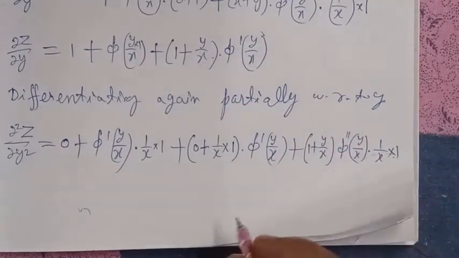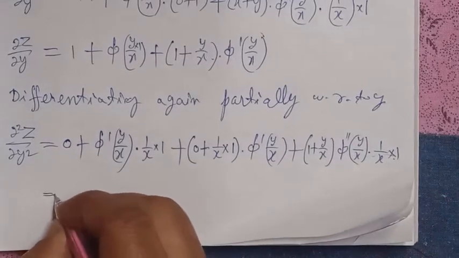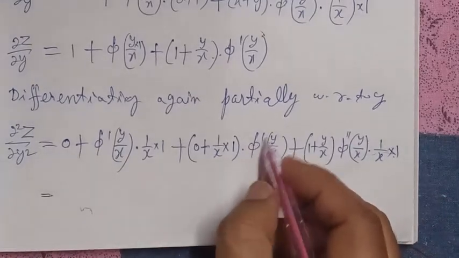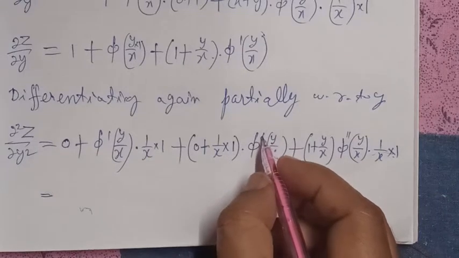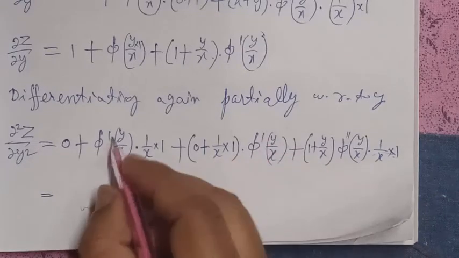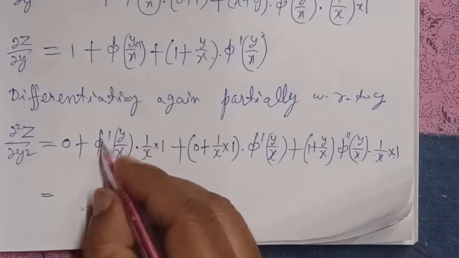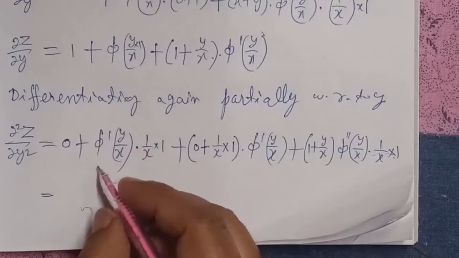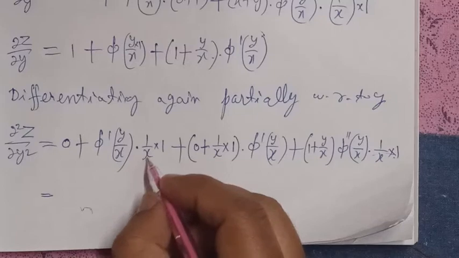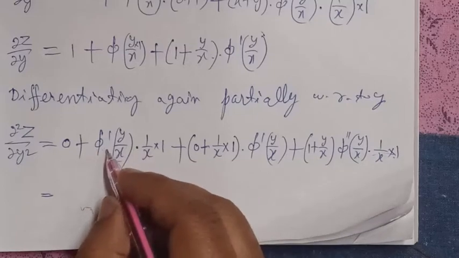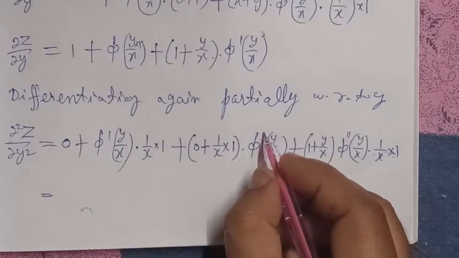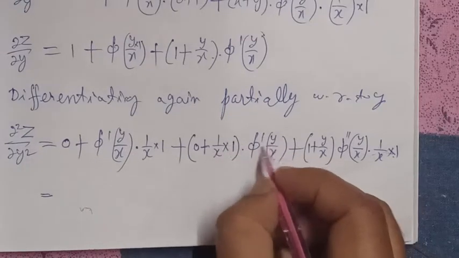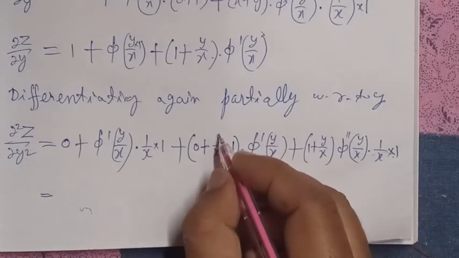Now we can write it as follows, because here there are two terms which are functions of phi dash y upon x, and both are the same, because the coefficient of phi dash is 1 upon x here, and the coefficient of phi dash y upon x is also 1 upon x.